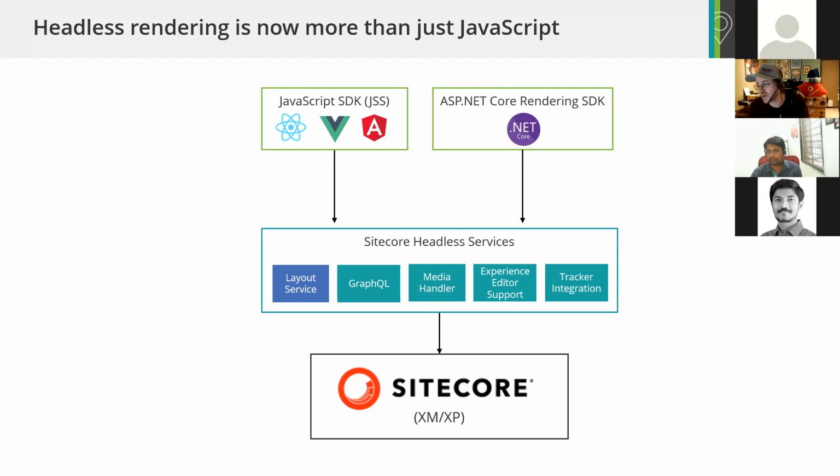And now we're still somewhat in the process of renaming that to Sitecore Headless Services. You'll actually see in Sitecore 10.1 that the name of that package will be changing to Sitecore Headless Services. But now we have that server module, and we have basically two sets of SDKs, our JavaScript SDKs and our ASP.NET Core SDKs for consuming that.